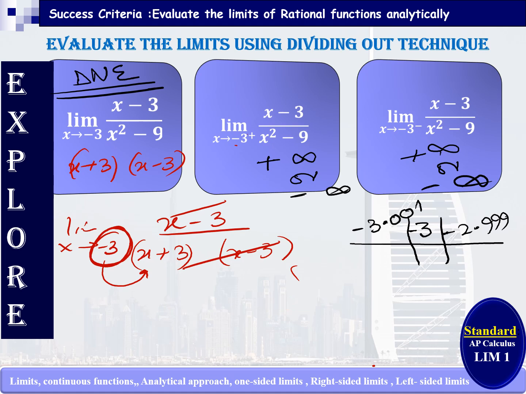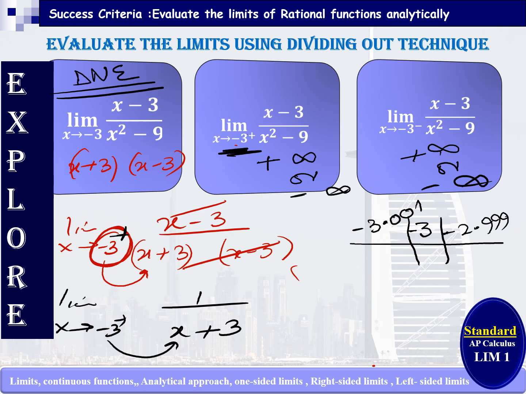Till here you will do the same thing. After that, it's written limit x approaches negative 3. Let's check this one from the right side. After solving this one, I have here 1, let's see here, limit x approaches negative 3 from the right side, 1 divided by x plus 3. Now you have to replace the x.